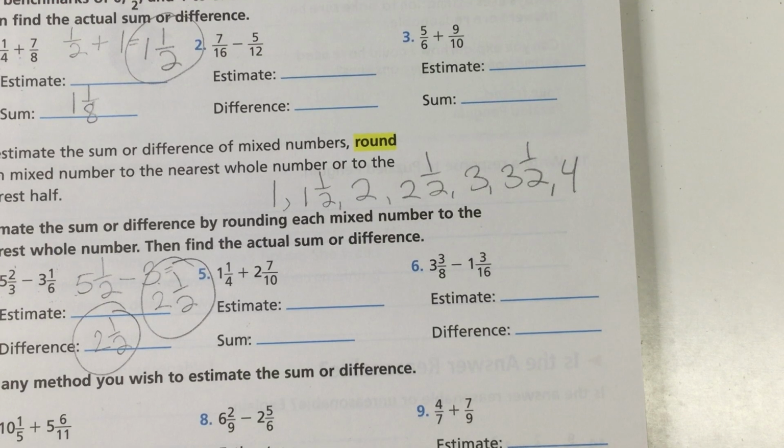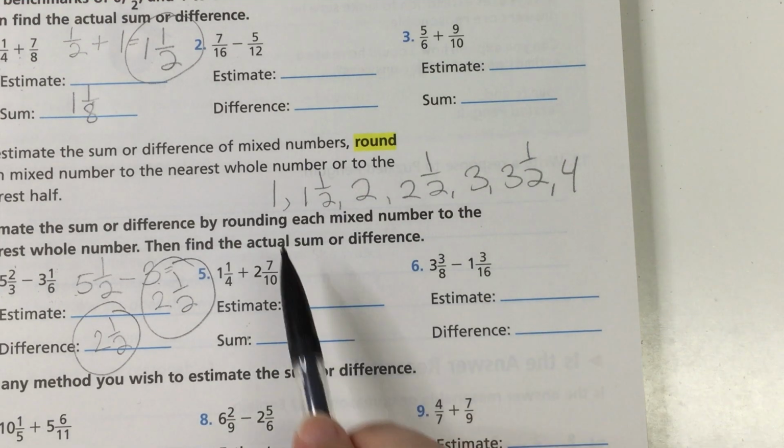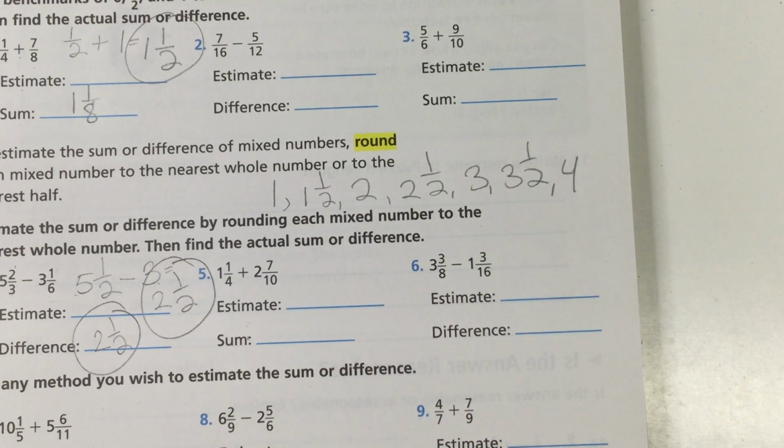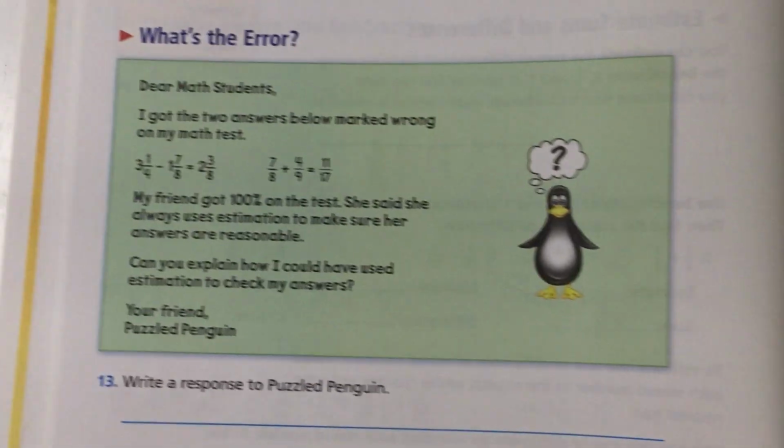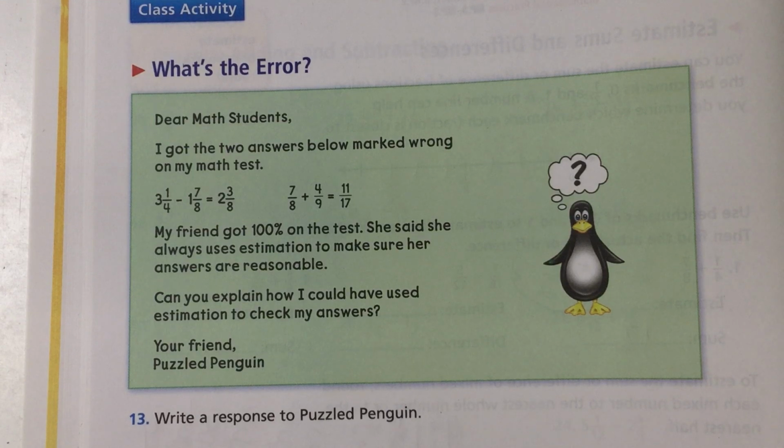If the problem asks you to estimate or to say about how much, remember that keyword, if you said 2 7/8, you'd get it wrong because that's not an estimate. Estimate has to be either a whole number or ending in 1/2. Okay. So on the back here, on the other side, you've got a puzzled penguin situation. It looks like he made a mistake somewhere in there.